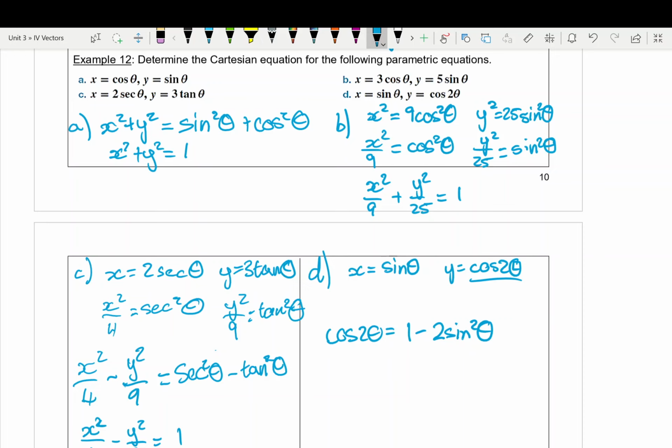So we know that cosine of 2 theta is just y, and we also know that sine of theta is x, so this is really just the same as saying y equals 1 minus 2x squared. As long as we know that identity, that's a pretty easy Cartesian equation to develop.